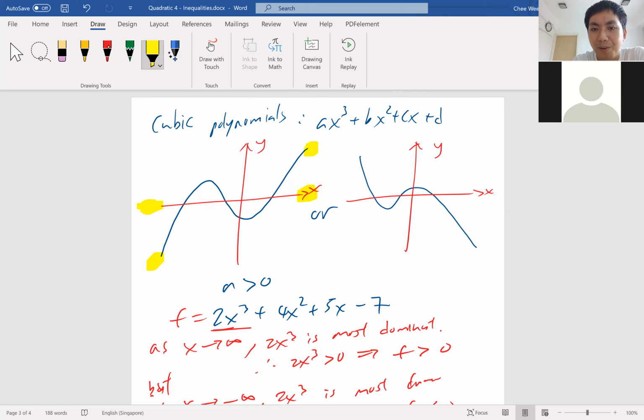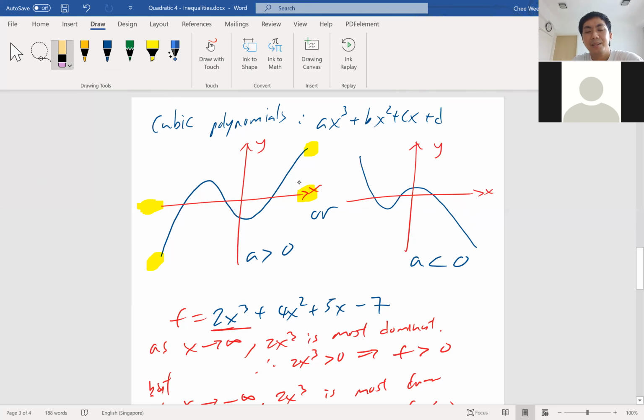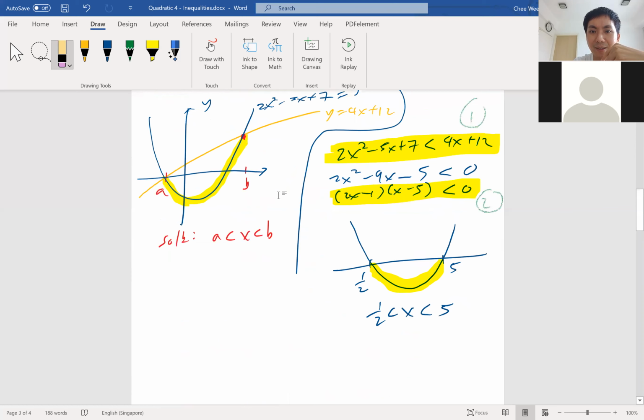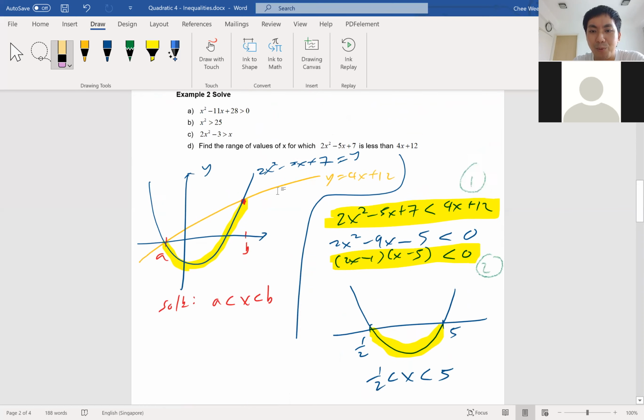The one on the right must be when a is negative, then this is when a is positive actually. So same gameplay even for solving cubic polynomials. You must solve for the roots, and then based on the shape of the graph, which is based on the polarity of a, trace out the graph and analyze the shape accordingly. Get it? Like what I'm doing over here.